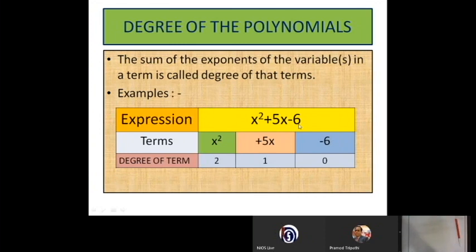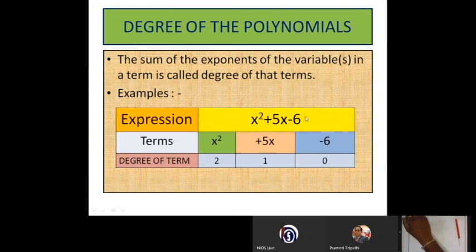So the sum of the exponents of the variable: since there is one variable and its exponent is 2, the degree of the term x square is 2. For the second term 5x, the exponent of the variable x is 1. Hence, the degree of the term 5x is 1. Similarly, minus 6.